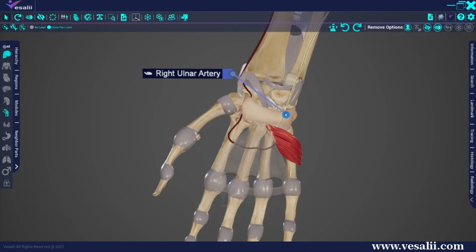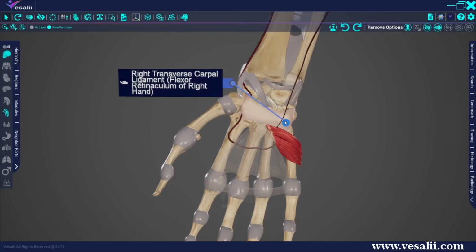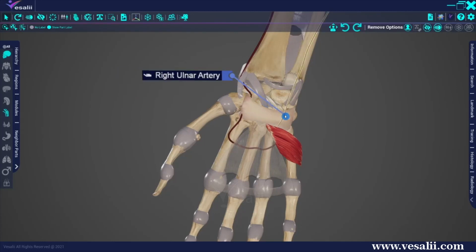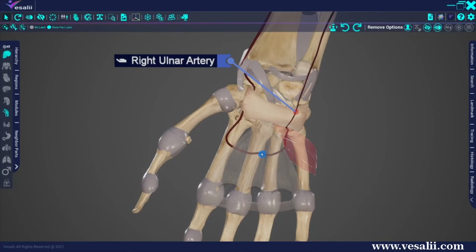The ulnar artery enters the palm superficial to the flexor retinaculum and lies between the flexor retinaculum and palmaris brevis. It then swings laterally, crossing the palm and forming the superficial palmar arch.